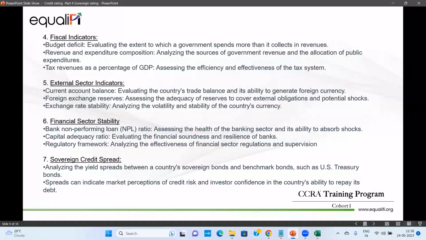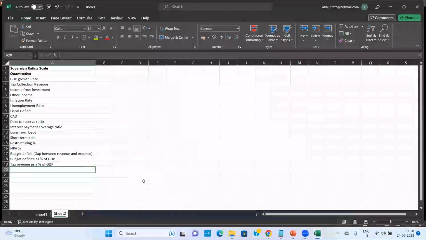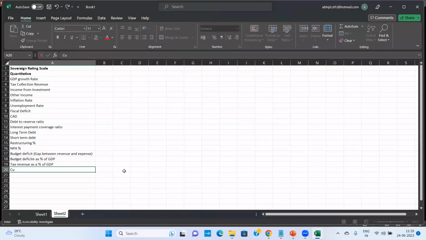Next is current account balance, the trade balance. So export import, the difference between the export and import. So we are trying to create a scale, a model for sovereign rating. Current account balance, the difference between export and import, right?